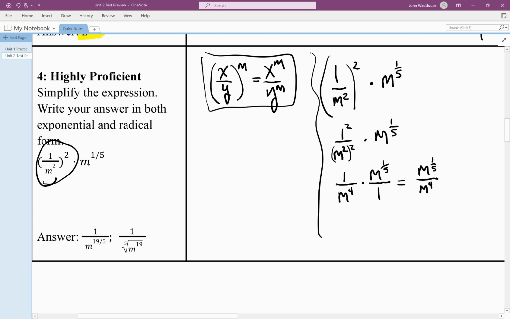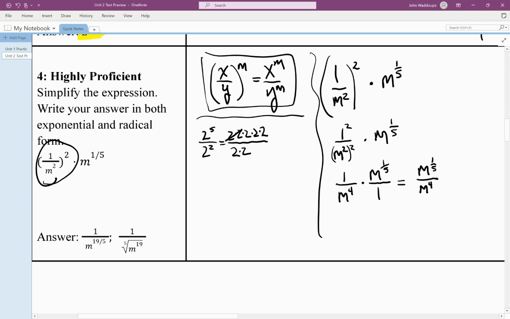And now I'm dividing like bases. There's a rule for dividing like bases, but if you don't remember it, it doesn't matter, because you can just figure out what it is. Let's say I took an example where I had 2 to the 5th power, and I divide it by 2 squared. Well, 2 to the 5th power is 2 times 2 times 2 times 2 times 2, 5 times, and 2 squared is 2 times 2.